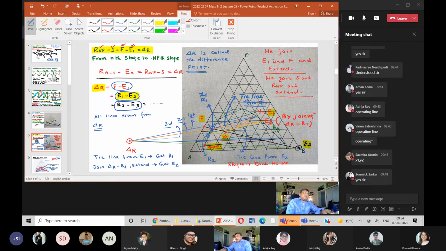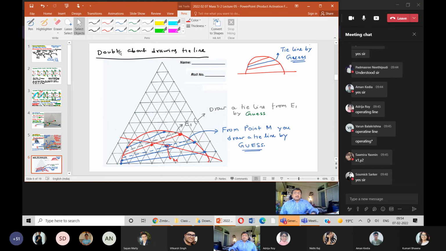If there are 5 stages, you will actually have 10 lines within that zone. Why? 5 tie lines and 5 operating lines, essentially joining the raffinate side of the tie line to the delta R and extending it to get the next stage extract composition, right?